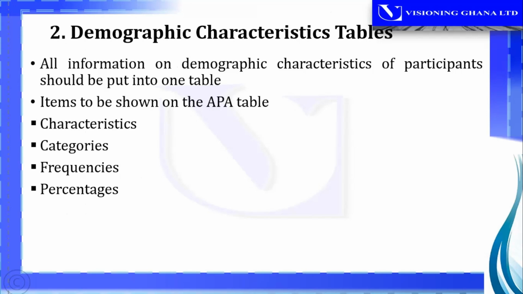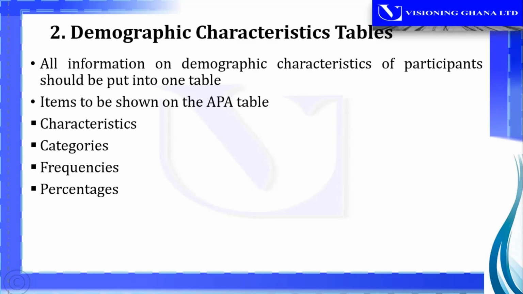Okay, so all information on the demographic characteristics of participants should be put into one table. So let's say we are looking at different demographic characteristics. But when you want to do the write-up, you don't bring the individual tables into your write-up. What you have to do is put all the information on just one table.